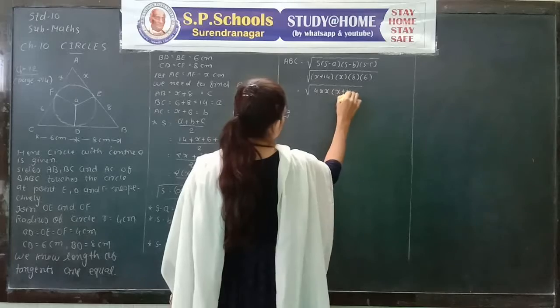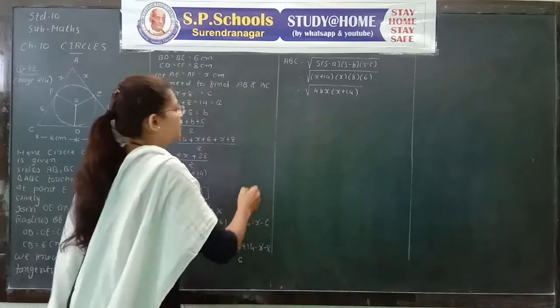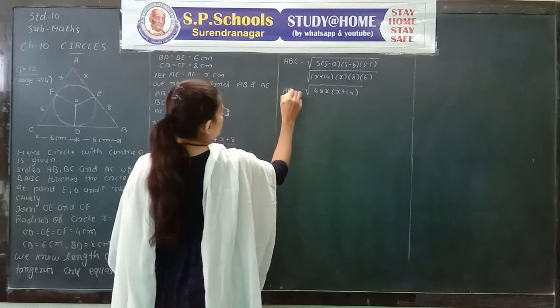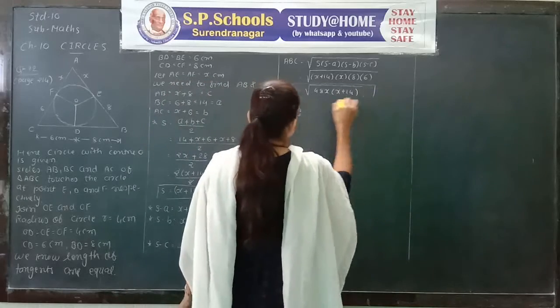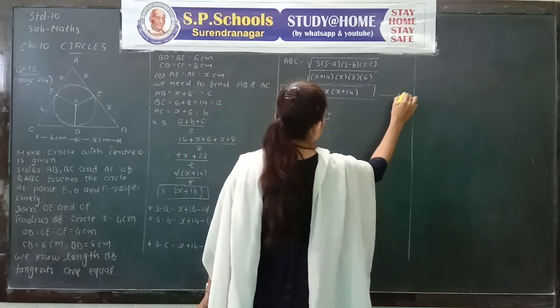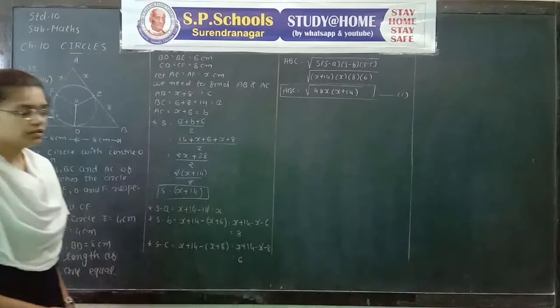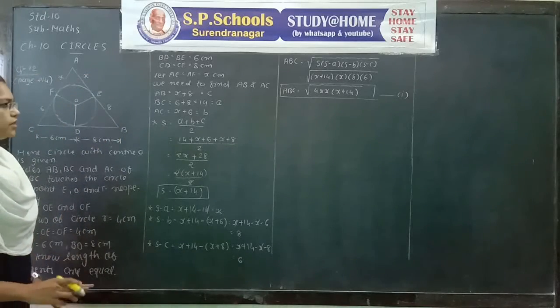Here is the x plus 14. It is the area of triangle ABC. This is the first result, area of triangle ABC.